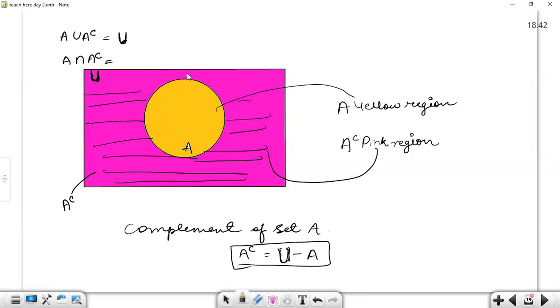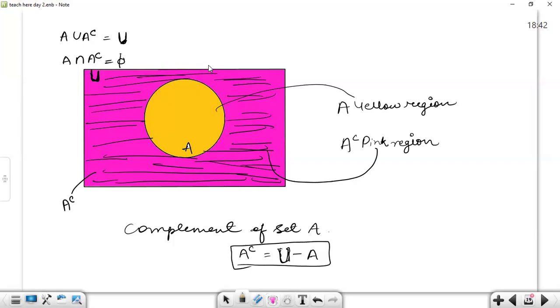This is A complement, the shaded region. Now tell me, what is common between the shaded region and the unshaded region? Nothing, right? There's nothing common between shaded and unshaded. Intersection. Yes, right? So phi will be the answer.